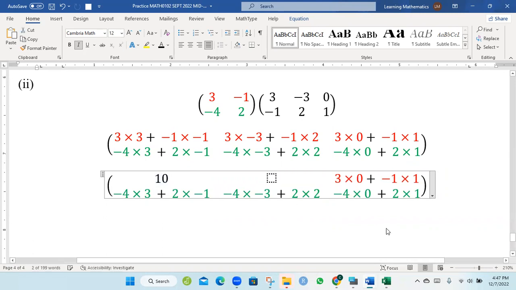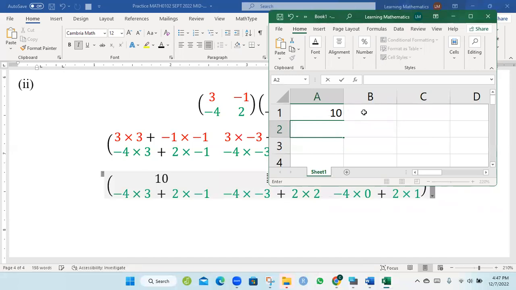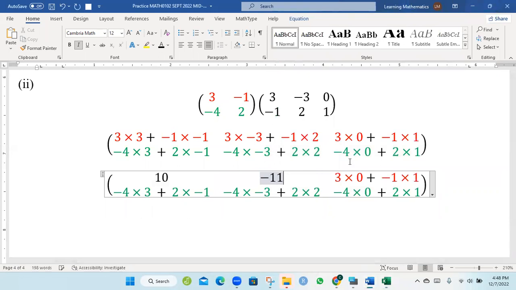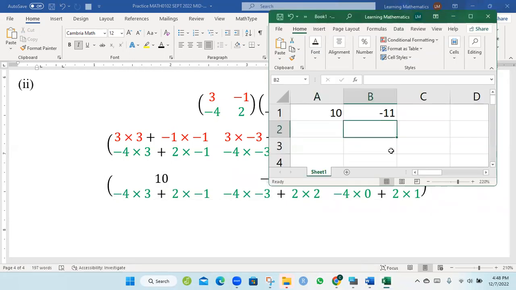Control X, go to Excel, Control V. We have to press equal first. Forgot to press equal. Go back a little bit. Equal, Control V, enter, negative 11. Control X, equal, Control V, negative 1.